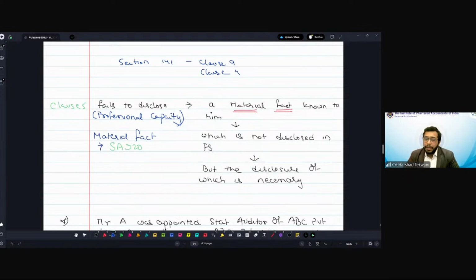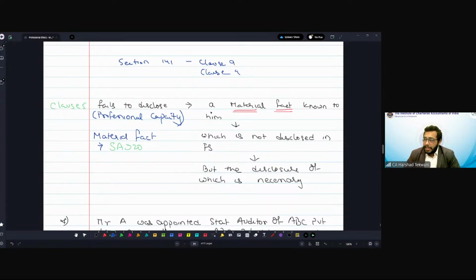Let's say, for example, there is an assignment only to check the arithmetical accuracy of the financial statement. It's not in my purview to disclose a material fact known to me. My advisory part is related to arithmetical accuracy or the application of, let's say, any new Ind AS or IFRS coming into the picture.